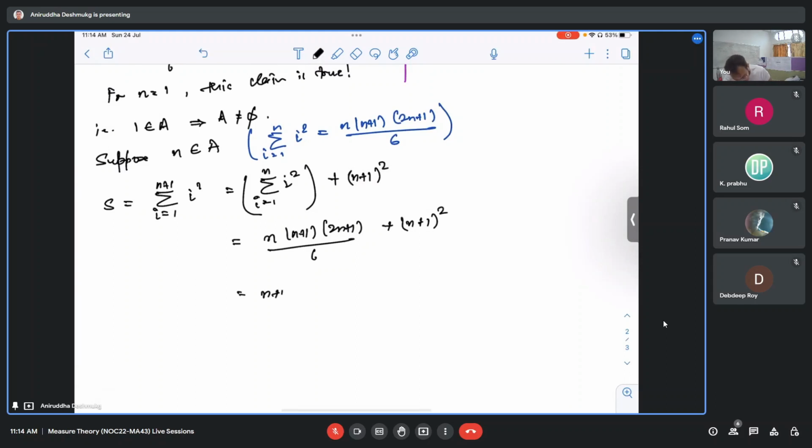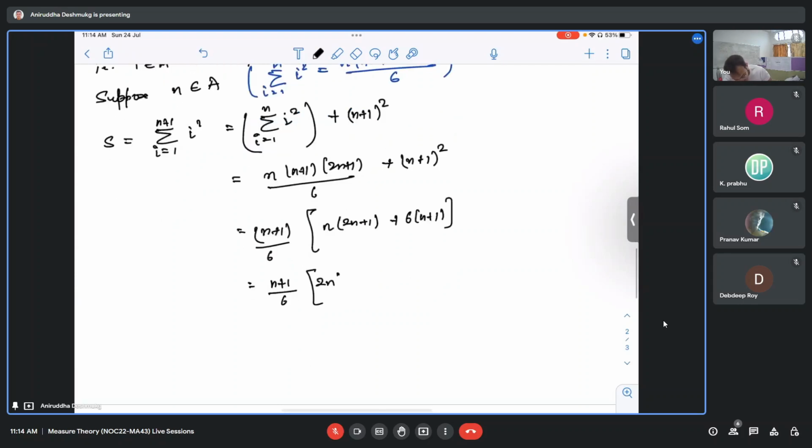What I will do is take n plus 1 common and 6 also common. So it becomes (n plus 1) by 6 into n(2n plus 1) plus 6 times (n plus 1), which turns out to be (n plus 1) by 6 into 2n square plus n plus 6n plus 6. So maybe I'll write it as 7n.